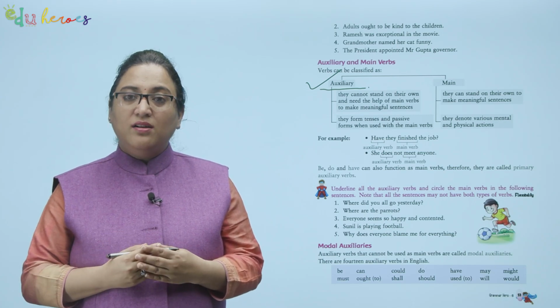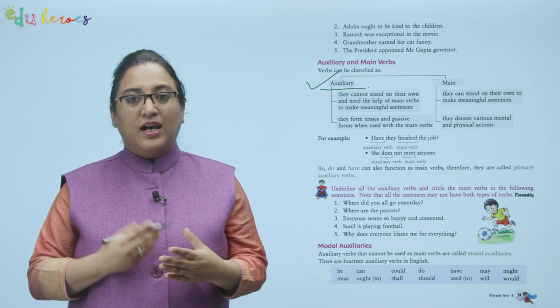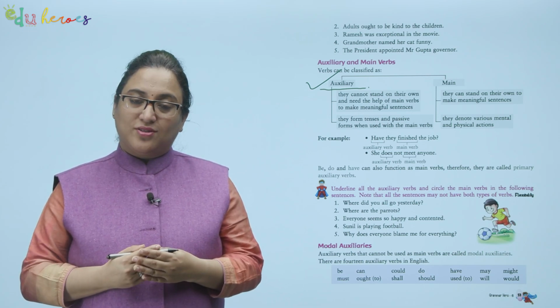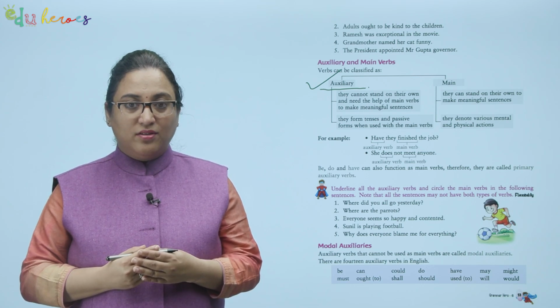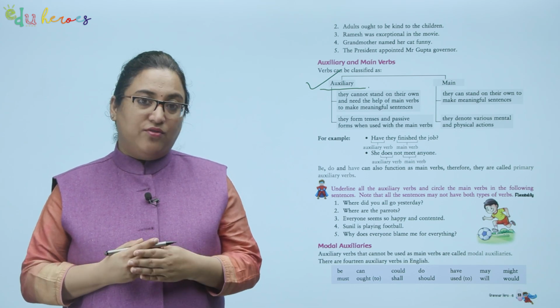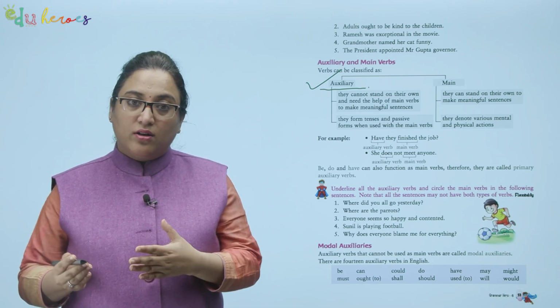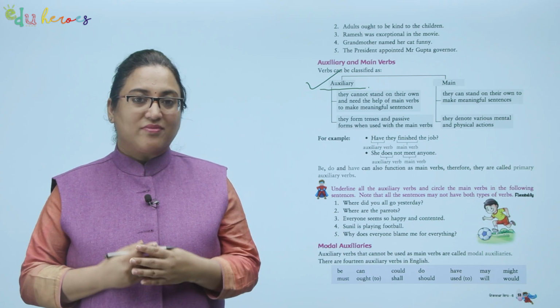Whereas main verbs can stand on their own to make meaningful sentences, and they denote various mental and physical actions. For example, have they finished the job? Here obviously the main verb is finish because you can make it stand alone, and have is the auxiliary verb.